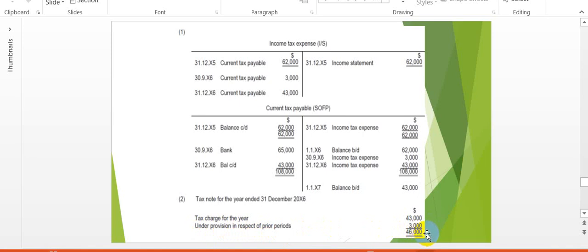It's an under provision because the estimate which was made was 62,000, but when the actual tax was computed it was 65,000. So there was an under provision in the prior year of 3,000.